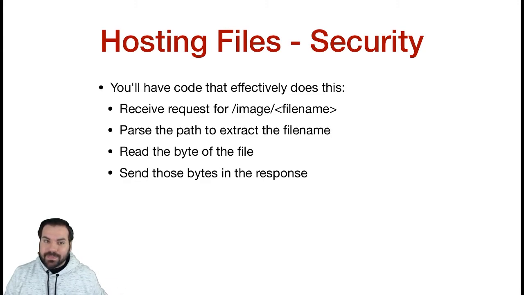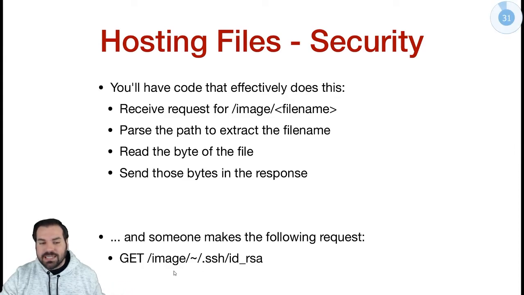Right? That's what you have to build for Objective 4, is some way for the user to say, give me this file, and you'll be like, let me read that file and give it to you. You have to do that, in one way or another. Depending on how it looks, you might build it one way or another. But that's the functionality you have to have. User says, I want this file. You send them that file.